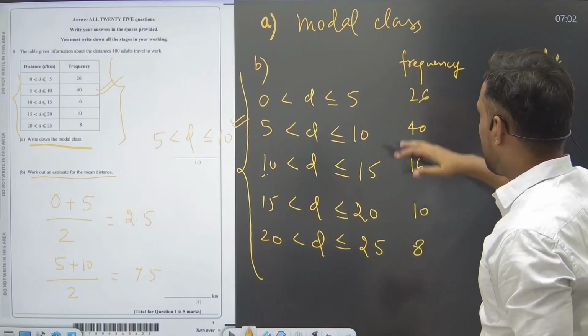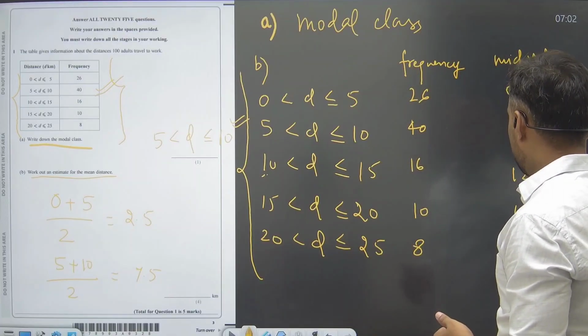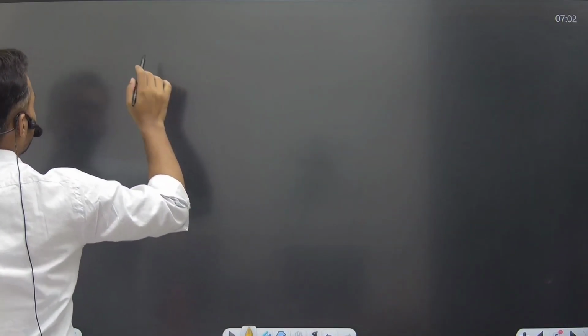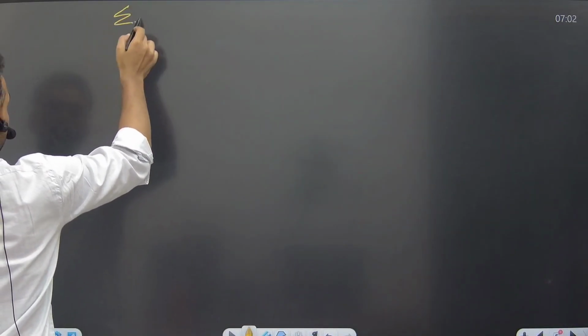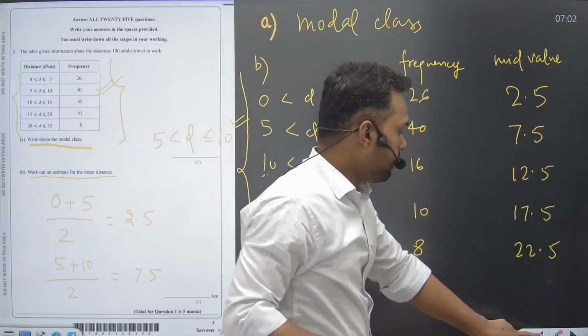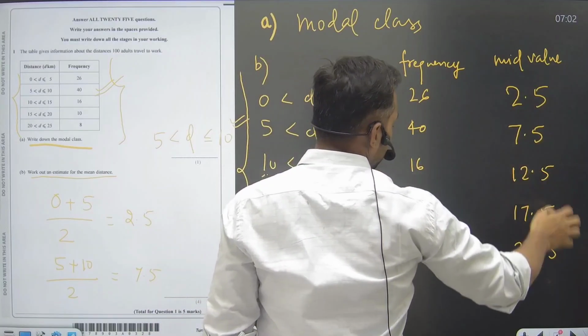So this is our frequency, this is our mid value, students. Now we have frequency and mid value on the previous page. Now we will be finding the sigma of fx. You just need to multiply frequency and the mid values.